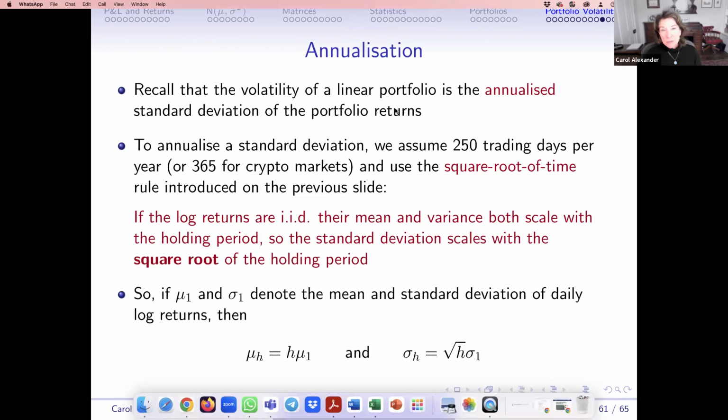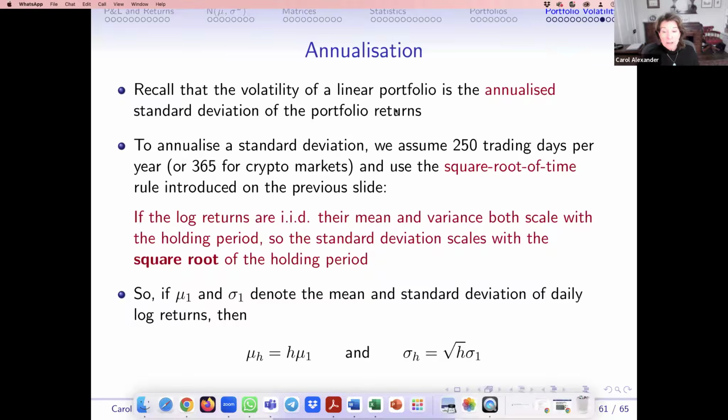So if we assume there's 250 trading days a year, or it could be 365 for crypto markets, and if we use the square root of time rule, as we showed in the previous slide, if the log returns are IID, then mean and variance both scale with the holding period.